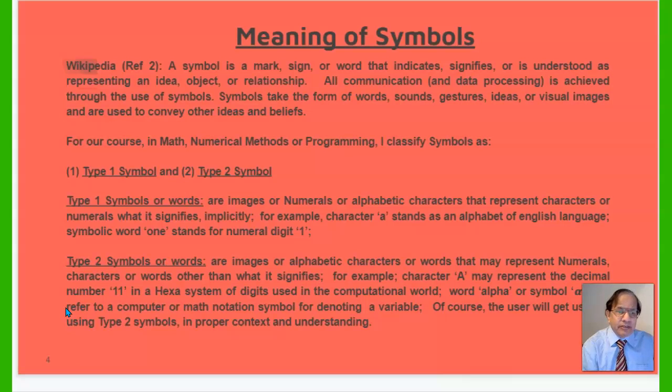Wikipedia defines symbol as a mark or sign or word that indicates or signifies or is understood to represent an idea, object, or relationship. All communications and data processing is achieved through the use of symbols.